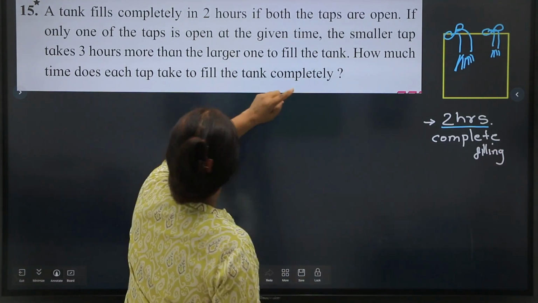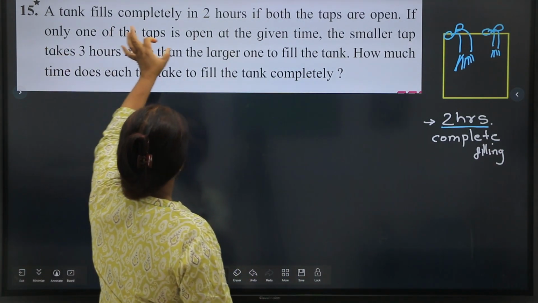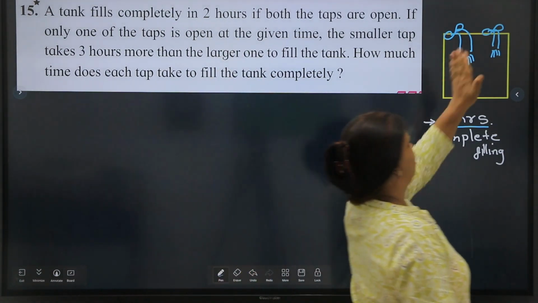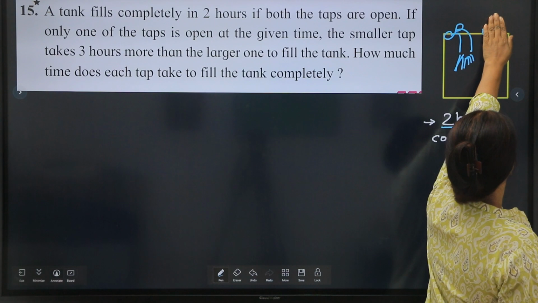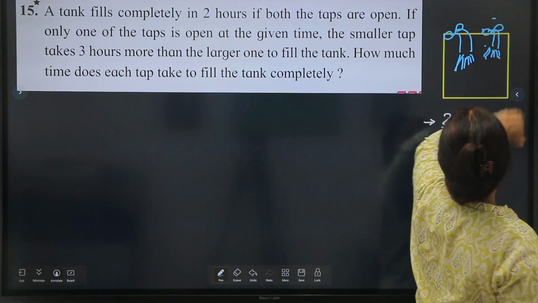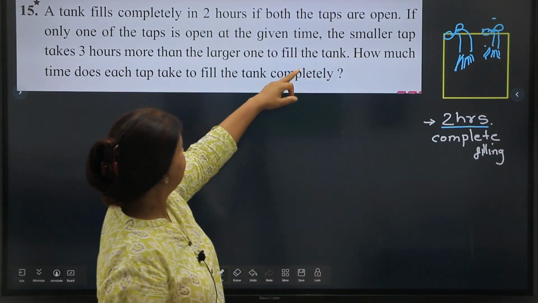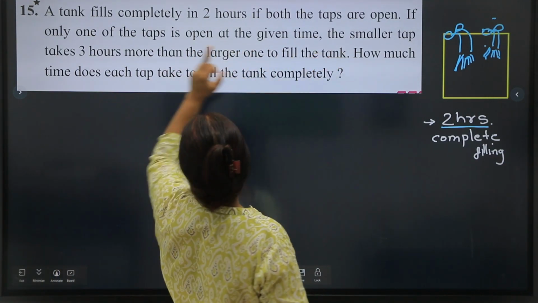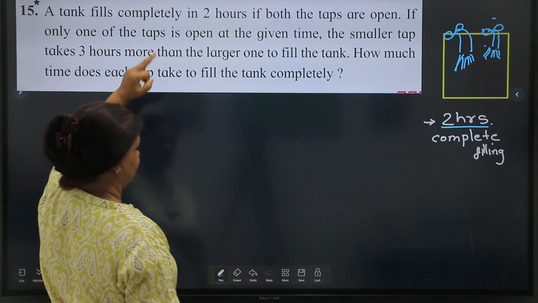If only one of the taps is open at a given time, suppose one tap is open and another tap is closed, then the smaller tap will take 3 hours more.